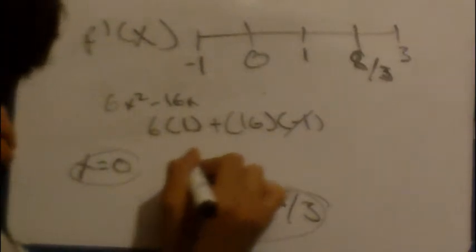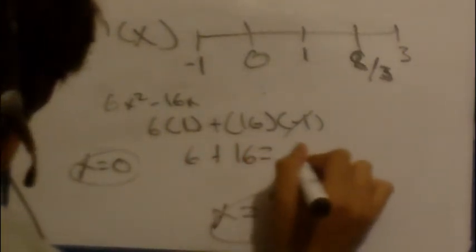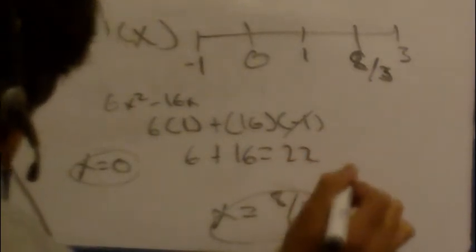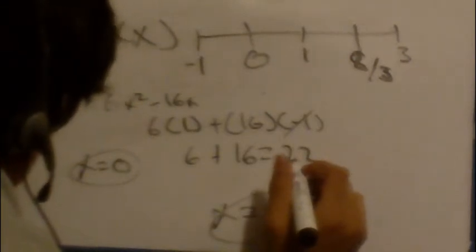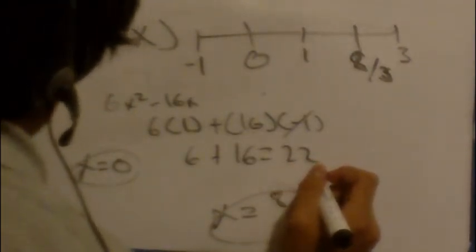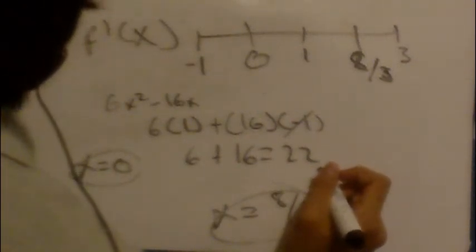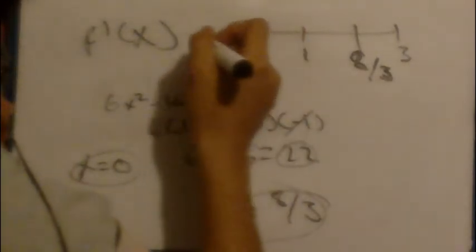That means we get 6 plus 16, which equals 22. And 22 is positive. You'll have to check whether the number is positive or negative to see if the slope is positive or negative. And since this number 22 is positive, all the slope from -1 to 0 is positive.